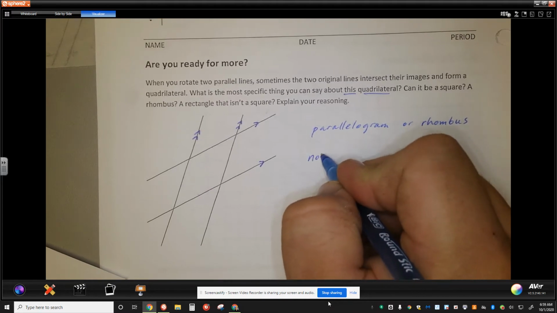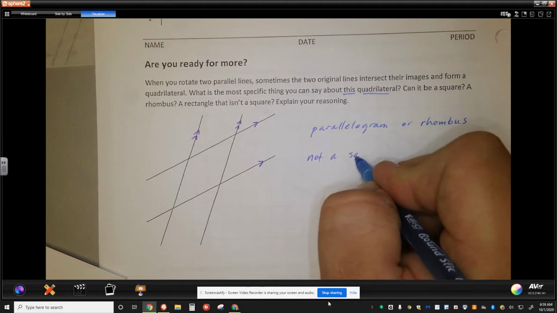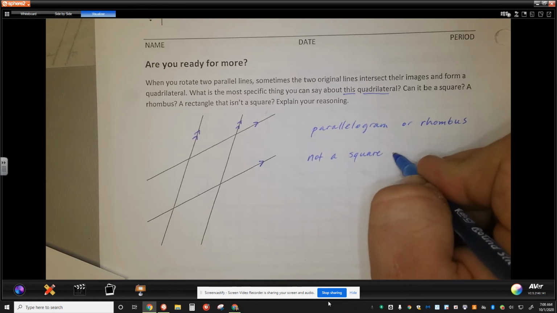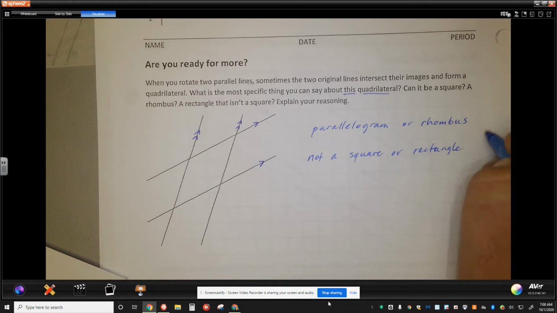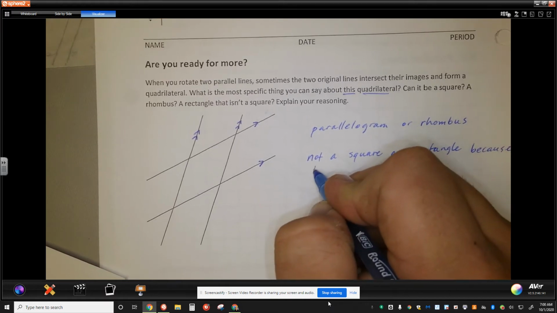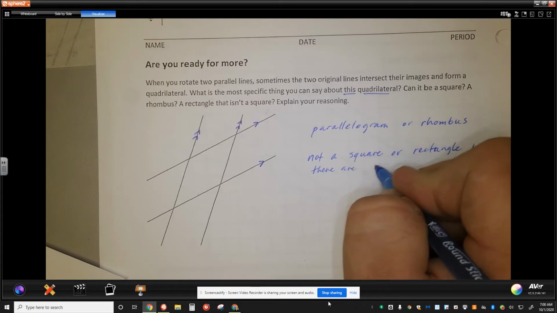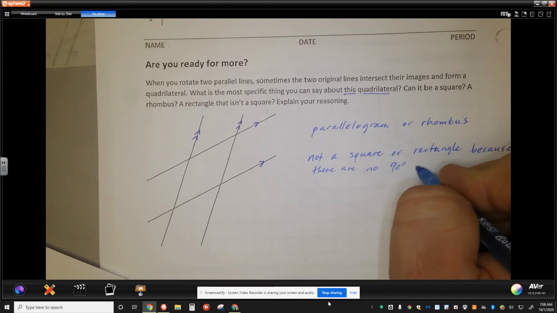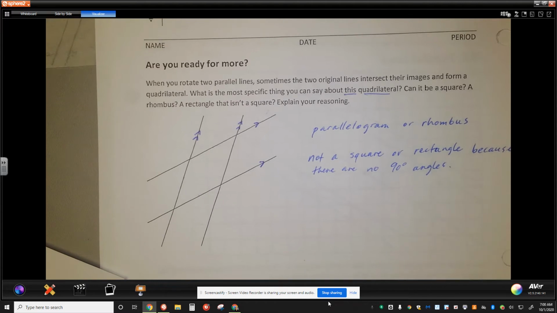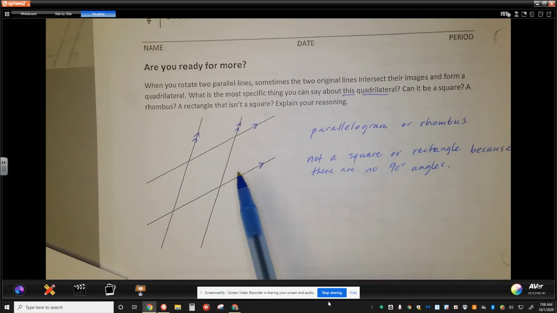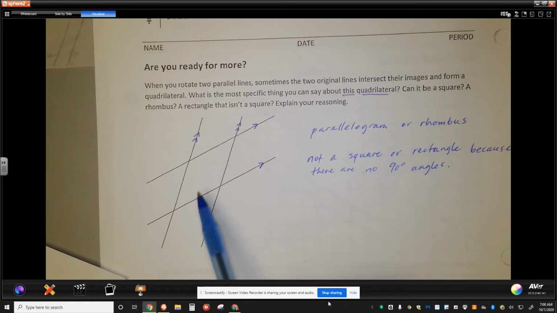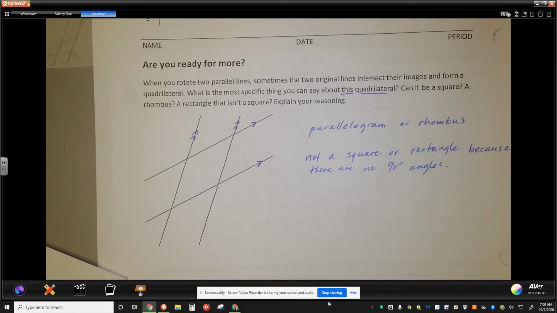But it is not a square or a rectangle in this case, because there are no 90-degree angles. That's our big piece with it, but I can for certain say that this is a parallelogram or a rhombus because I have two pairs of sides that are parallel to each other.